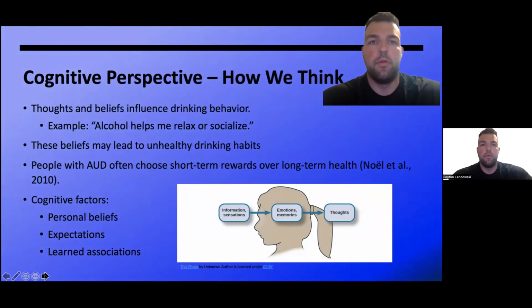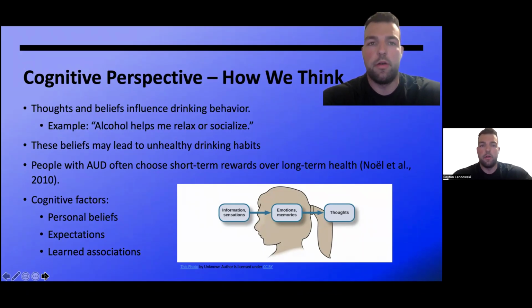Another perspective that explores alcohol use disorder is the cognitive influence. The cognitive perspective focuses on how we think. Some people start drinking because they believe that it will help them manage their stress or make social situations easier. These thoughts, even if not true, can lead to unhealthy drinking habits that are hard to break.